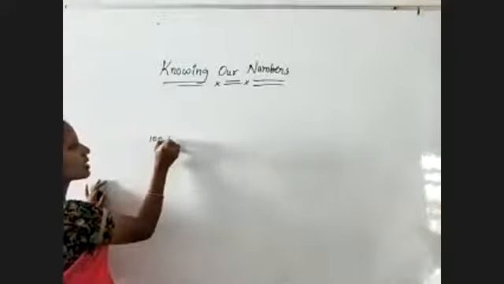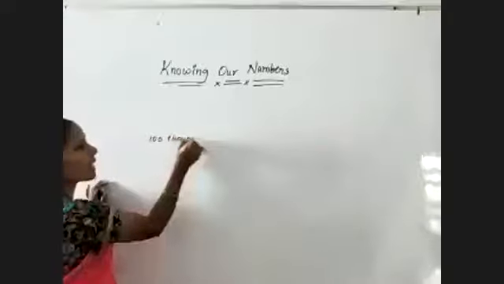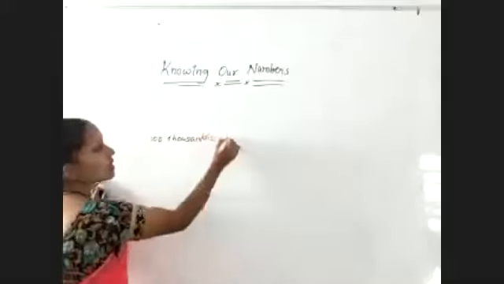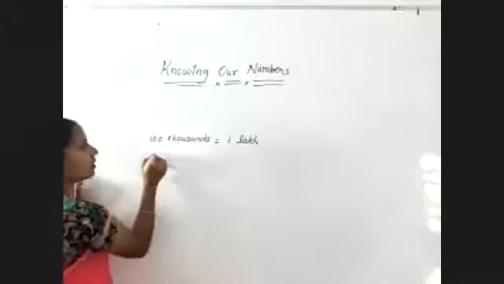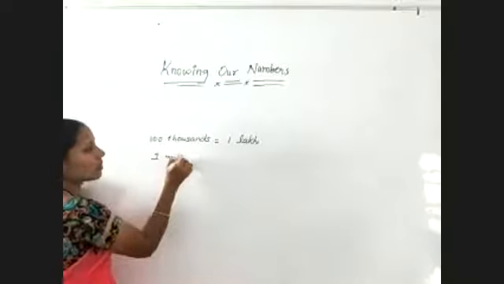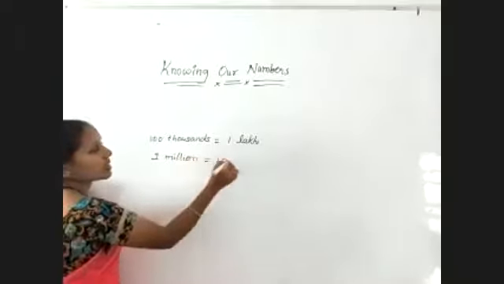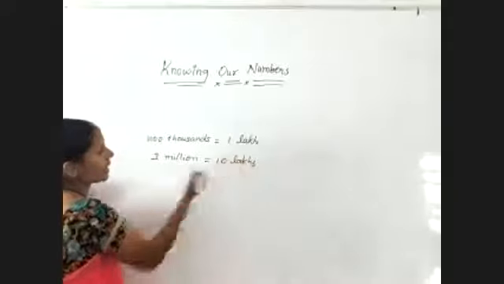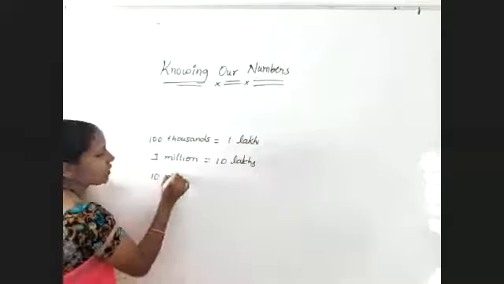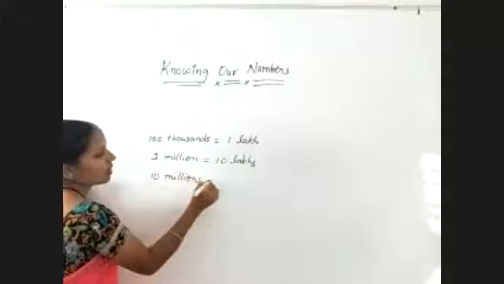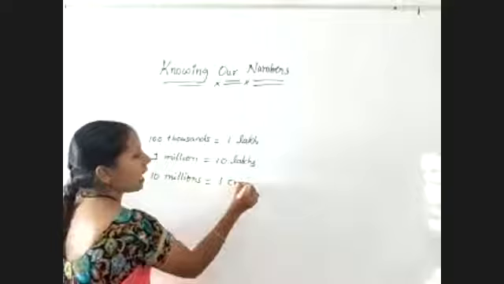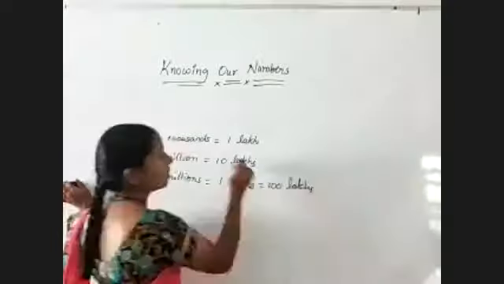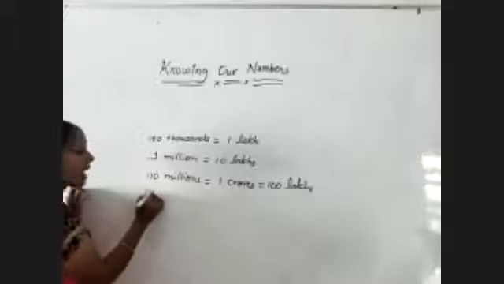So 100,000 is equal to 1 lakh, or 1 lakh is equal to 100,000. Then 1 million is equal to 10 lakhs. And another relation, 10 millions is equal to 1 crore. And 100 lakhs is equal to 10 million.